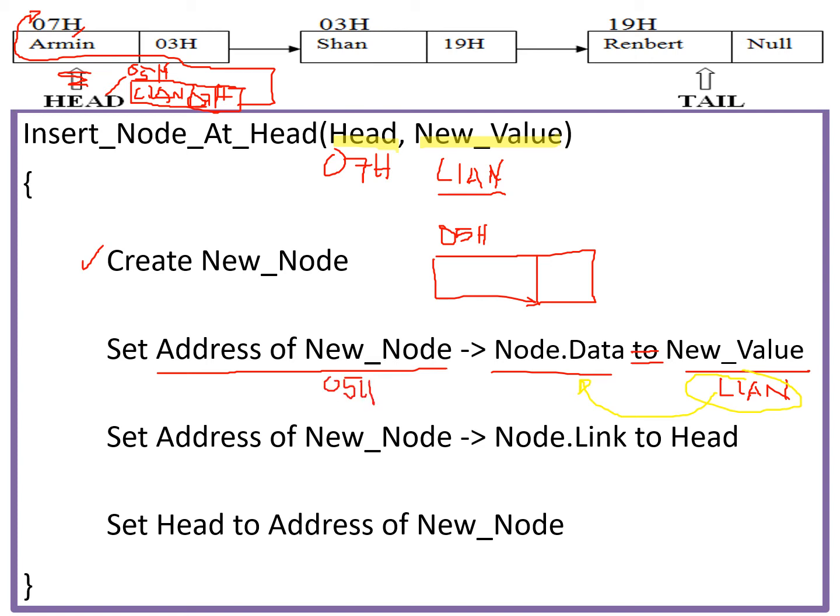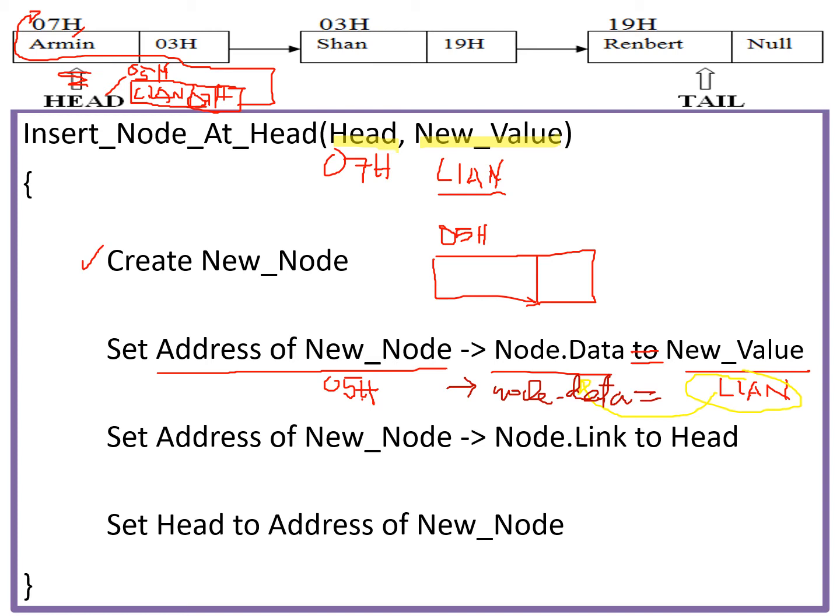So, address of new node referencing to node.data is equal to Lian.